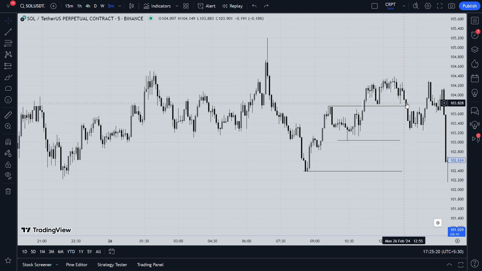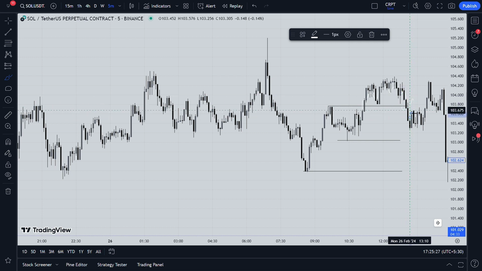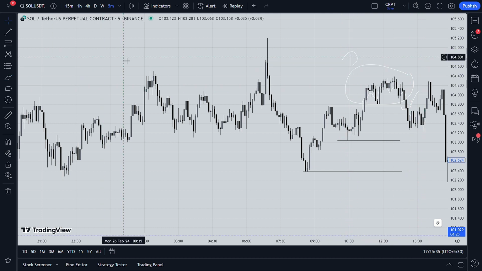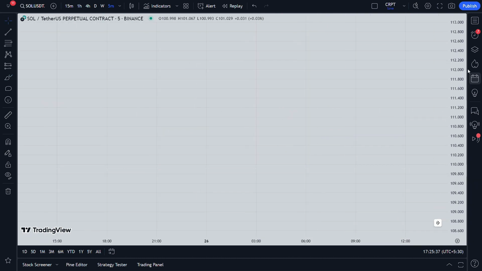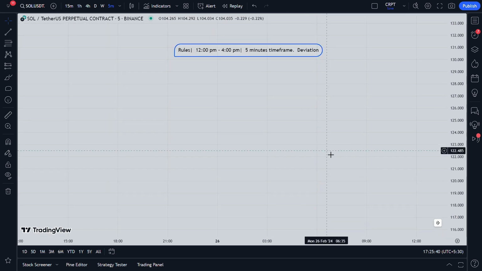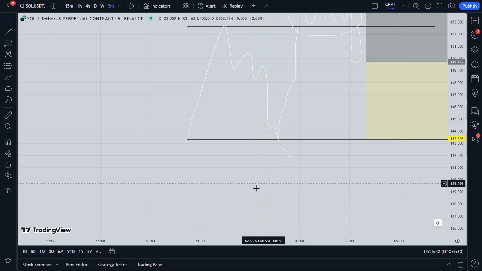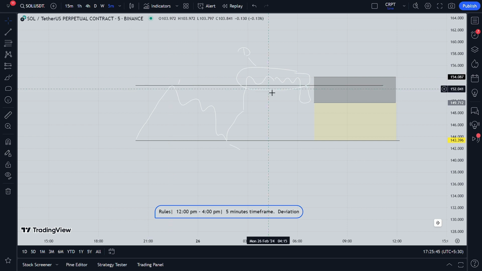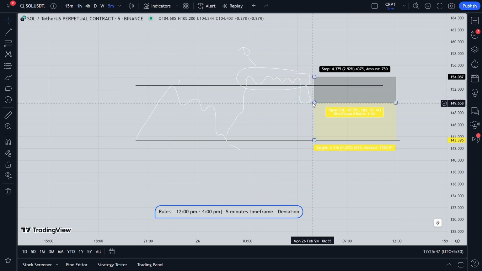So as soon as price comes below this high, we enter our shorts here. This part is known as deviation. See, high, deviation, close below, we entered our short, put our stop losses over there.